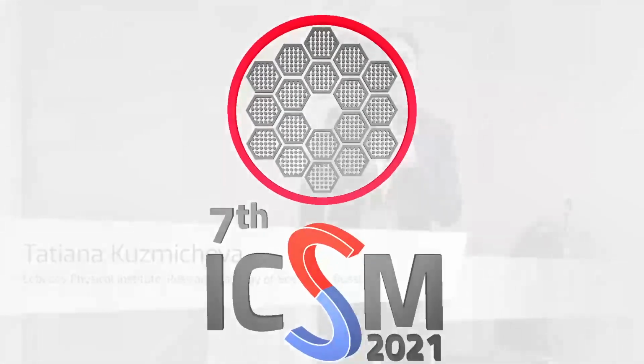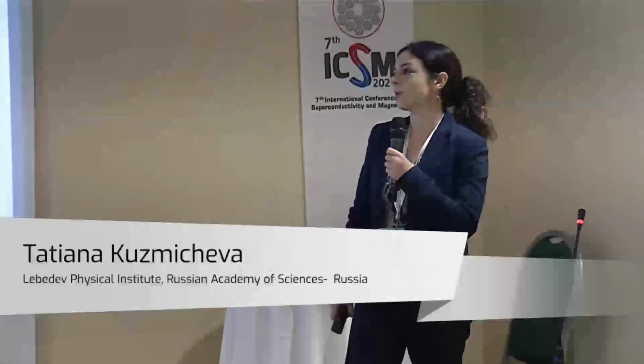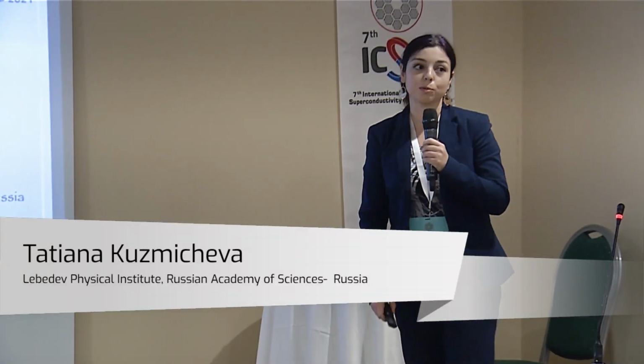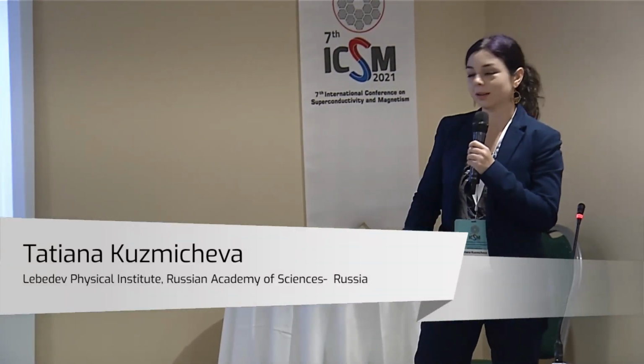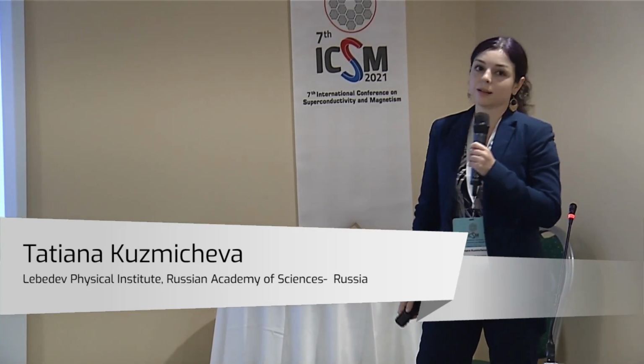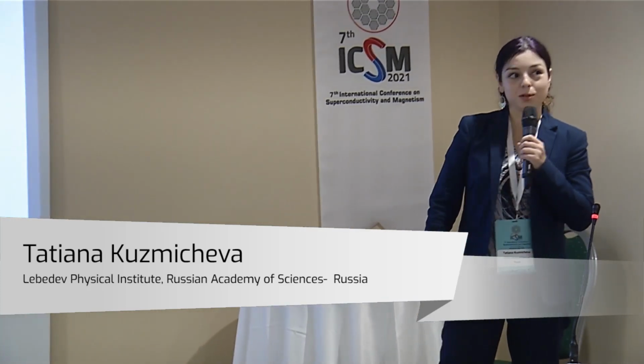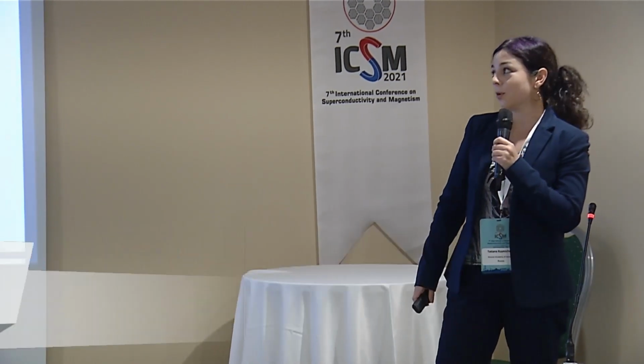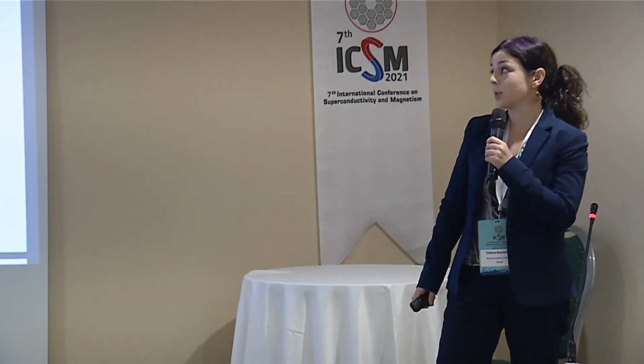Good evening, dear colleagues. My talk will be dedicated to the structure of the superconducting order parameters in lithium iron arsenide as directed experimentally. I think everybody knows that iron-based superconductors were discovered more than 10 years ago, and now most of their aspects are well described.